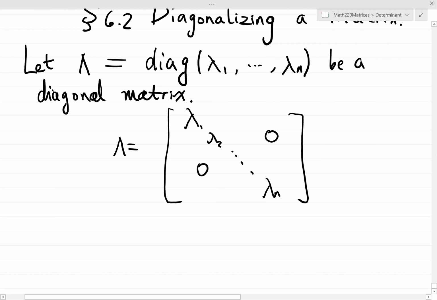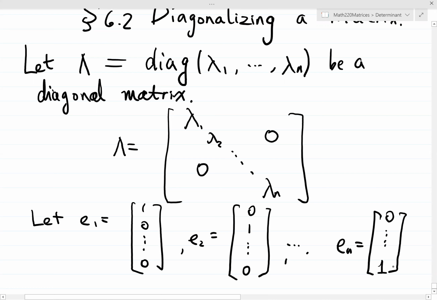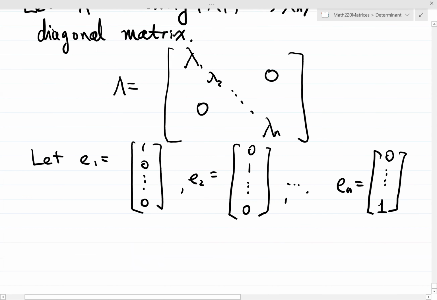So you can check, if we let E1 be the vector 1, 0, ..., 0, E2 has the second entry 1 and all others 0, and En is 0, 0, ..., 0 with the last entry 1.